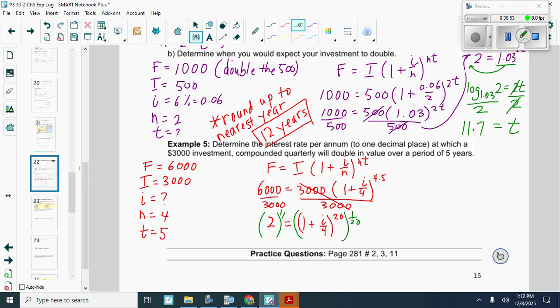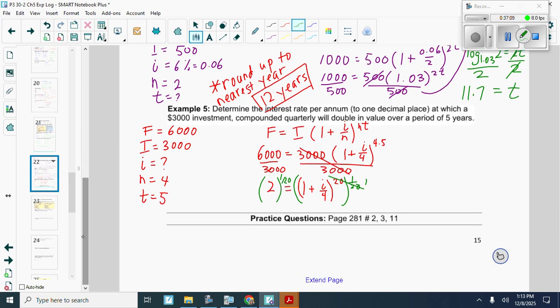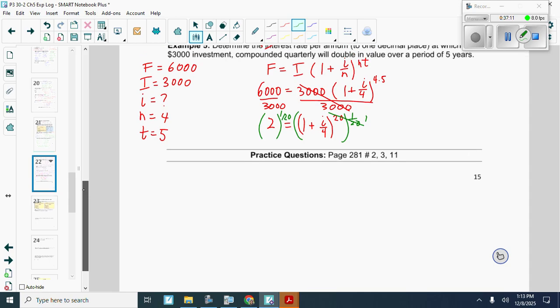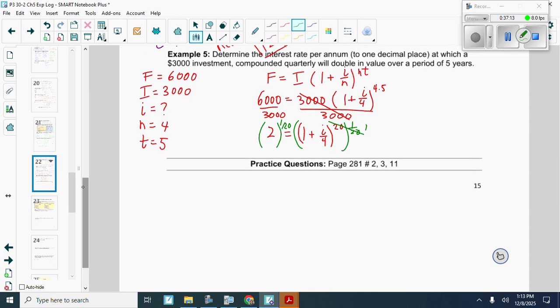So in this case, both sides get the exponent of the reciprocal, so that this side becomes 1. Now here's what we have, I'll just clean it up a little bit.